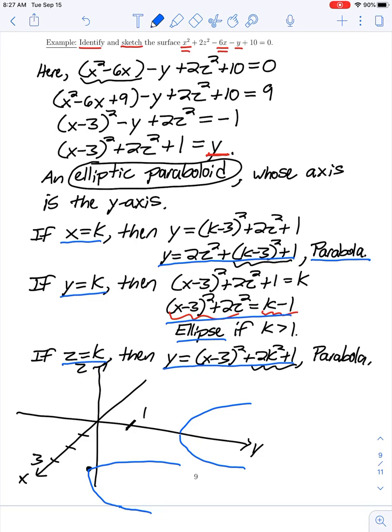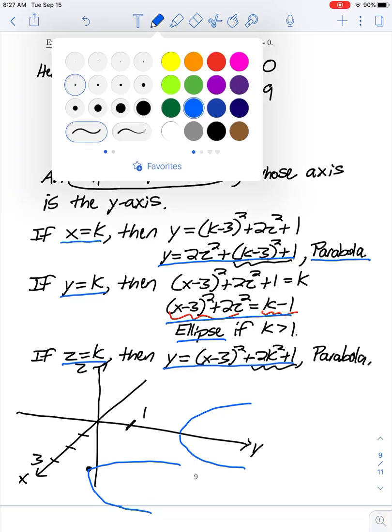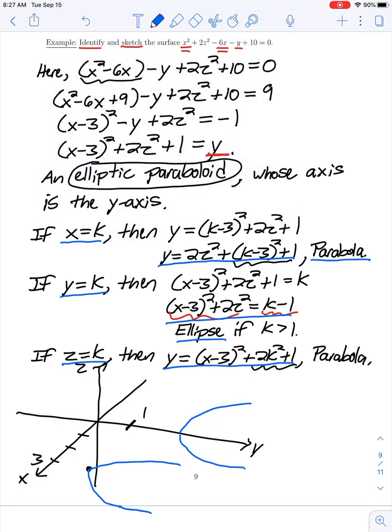So let's sketch in our ellipses here. So as I'm moving outward from the xz plane, as I was increasing my constant value for y, I saw that I was getting ellipses of larger and larger area. So here's where maybe I didn't give myself enough room here.